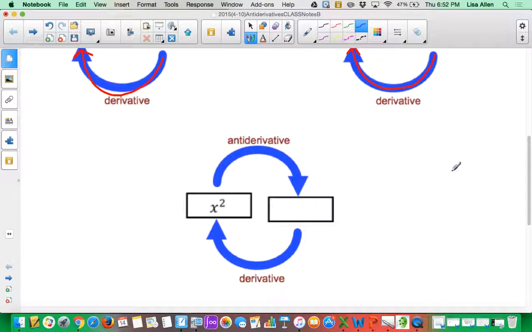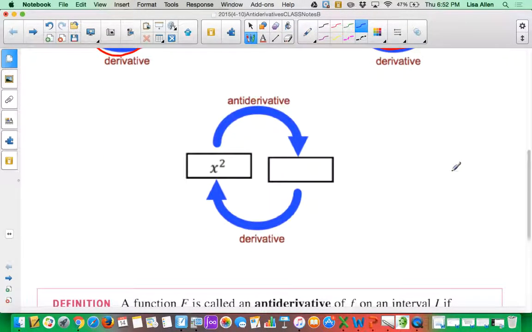So if I come down here to x squared, then if I'm looking for an antiderivative of x squared, then whatever goes in the rectangle, if I take the derivative of that, it's going to be x squared. Now, obviously, we know a little bit at this point about our derivatives. So we know that the power of the function drops 1 when we take the derivative.